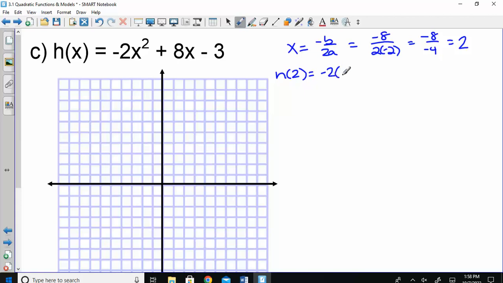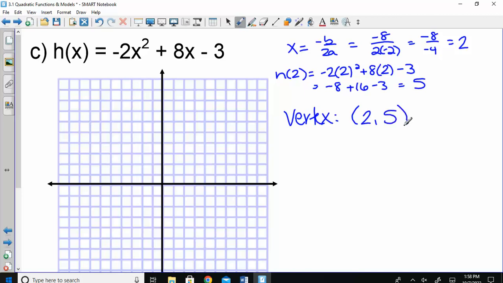Plug that in to get your y. Vertex is (2, 5). So what's the axis of symmetry? X equals 2.